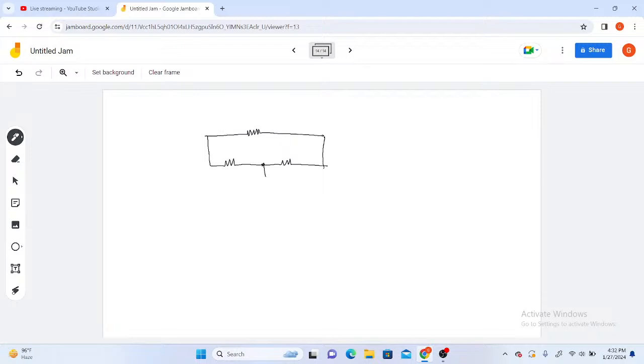Then I have another one here. I have one here. There is a terminal here A, terminal here B. So this is a 6 ohm resistor. This is a 6 ohm resistor, 3 ohm resistor, 3 ohm resistor, 6 ohm, 3 ohm resistor.